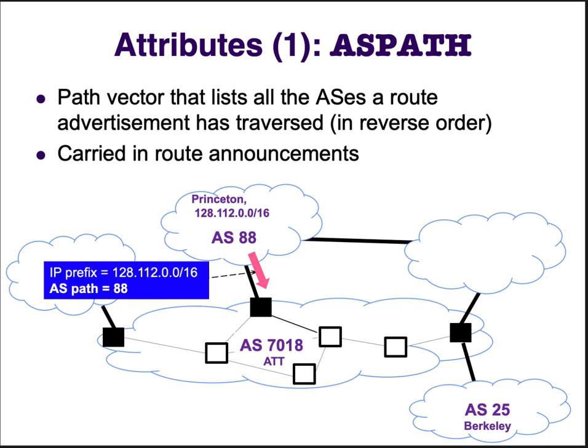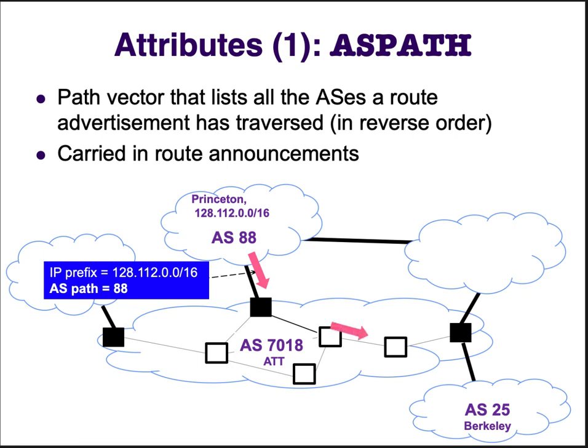If I dig into what that advertisement looks like, and we're getting now a little bit into the syntax of these messages, what that message is going to say is, here's my prefix, 128.112, and so on, and here is my AS path attribute. And my AS path attribute at this point just says AS88, because that's where the prefix is.